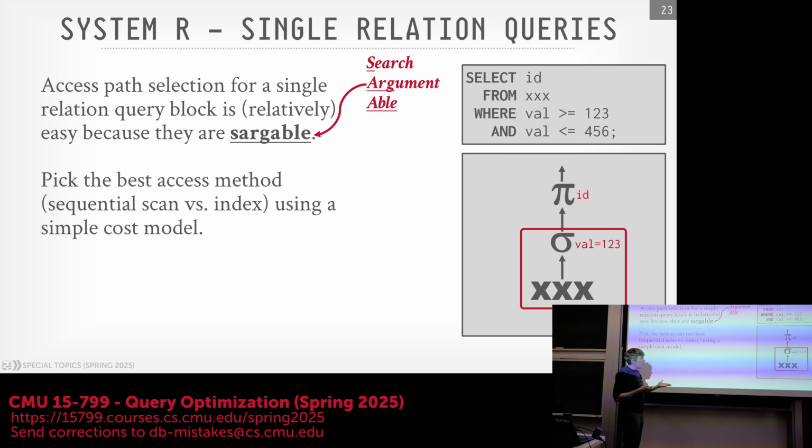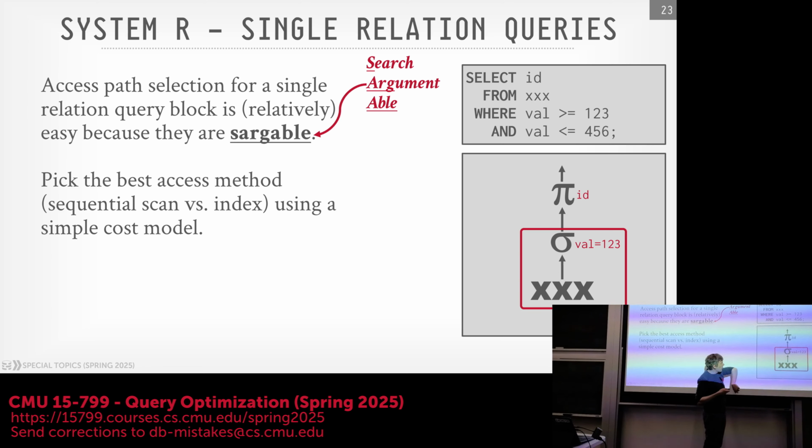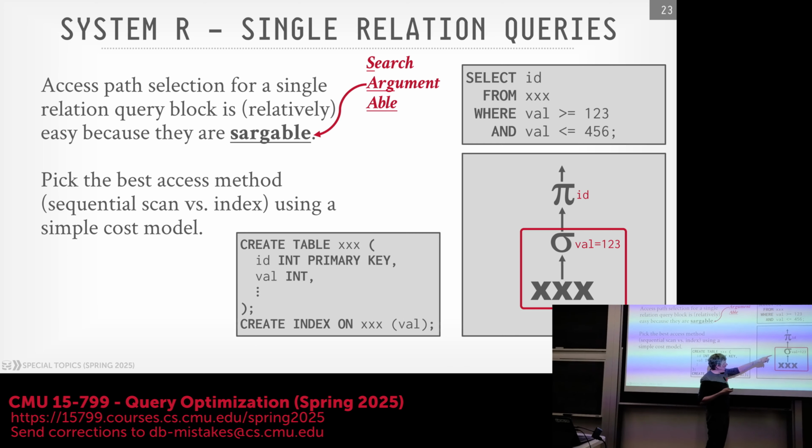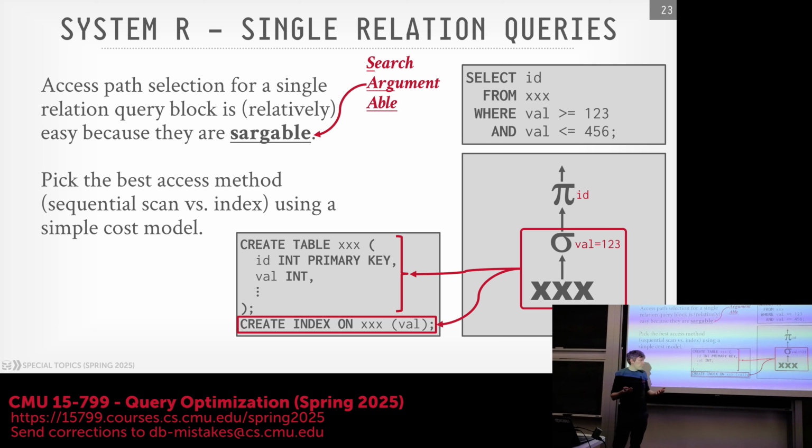So if you take this example here, assume it's the same. I have this predicate here on the value. So I can either do a sequential scan, which I think the paper calls a segment scan, but same idea. I can do a sequential scan on the table itself, or I can do a lookup on the index to go find the data that I'm looking for, right?